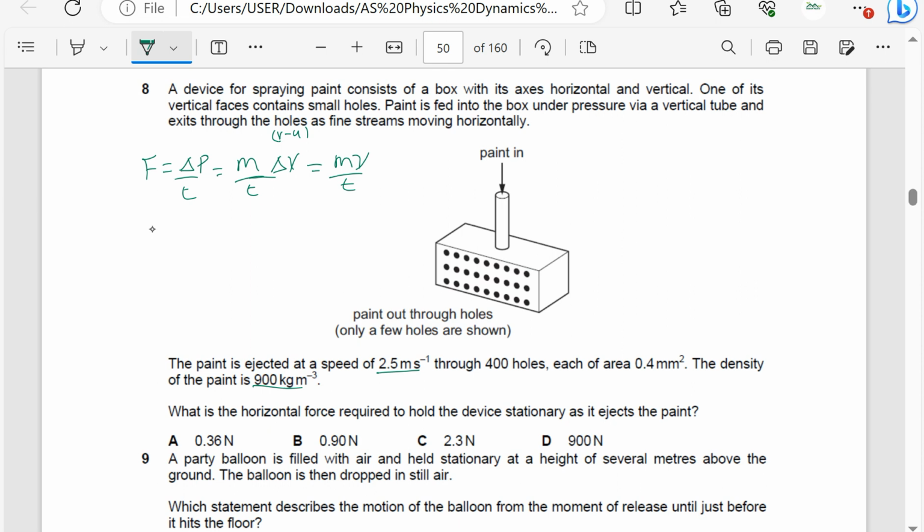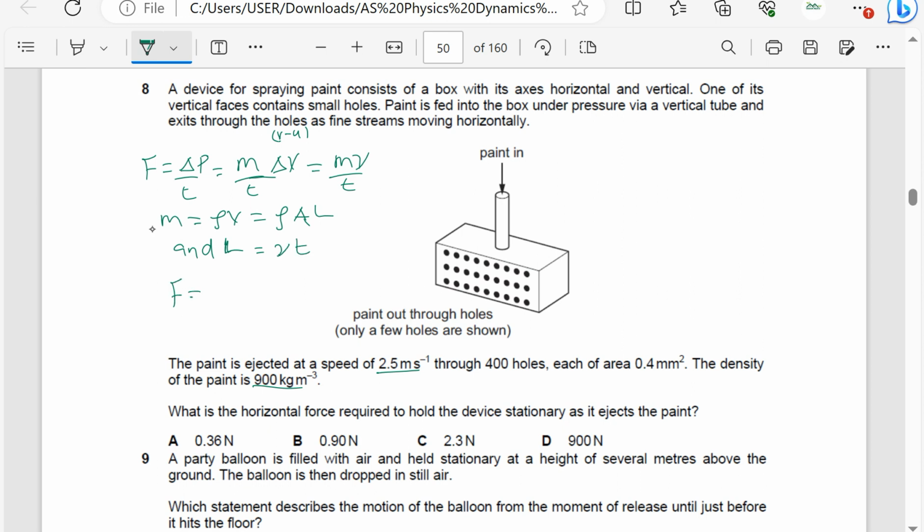Also recall that mass is equal to density times volume, and this is going to be density times cross-sectional area times length, that is the volume. And the distance through which they move, which is the length L, since they are ejected at a constant speed, is going to be v times t.